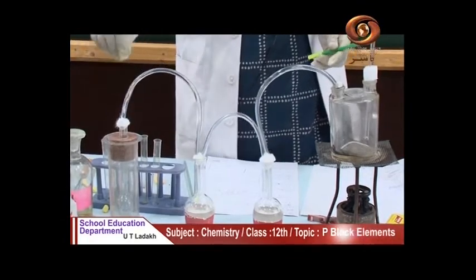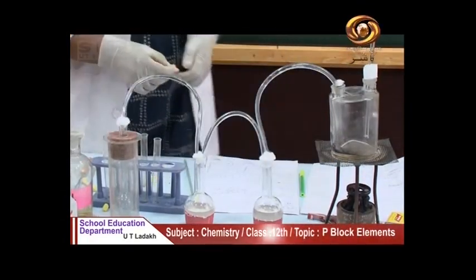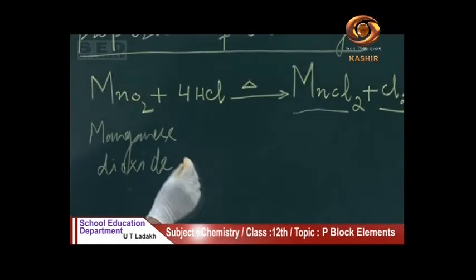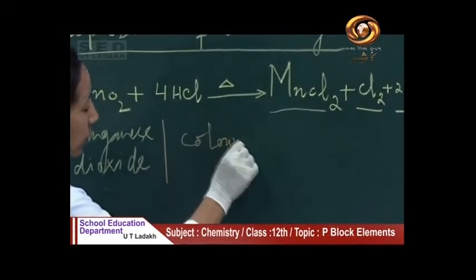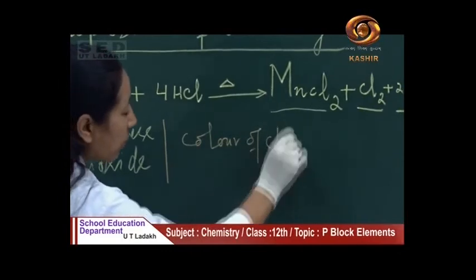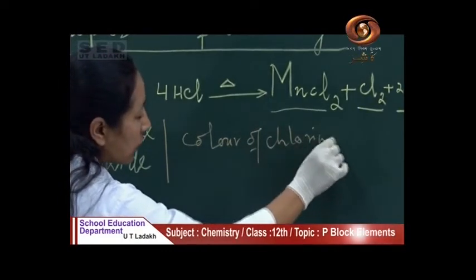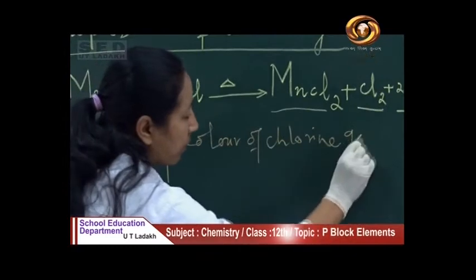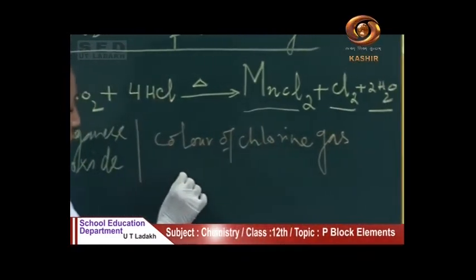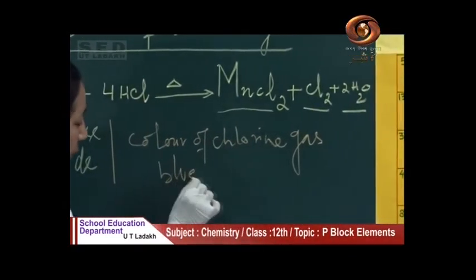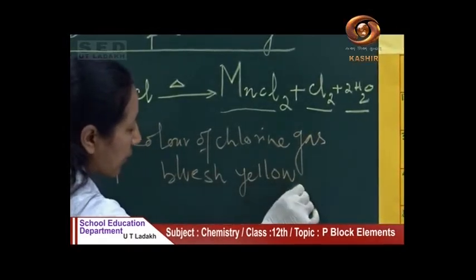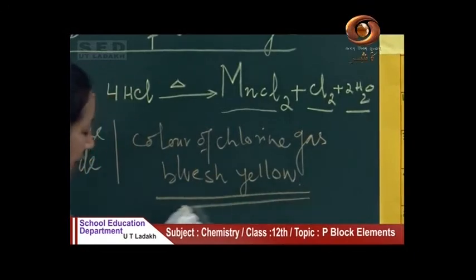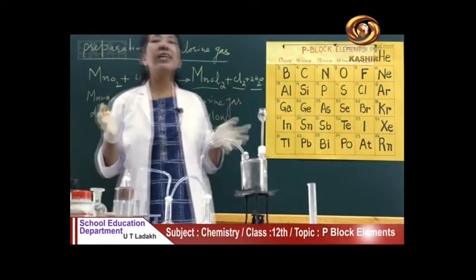The color of chlorine gas is greenish yellow, and it has great application in industrial chemistry.